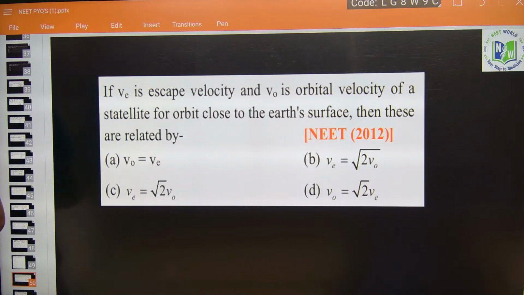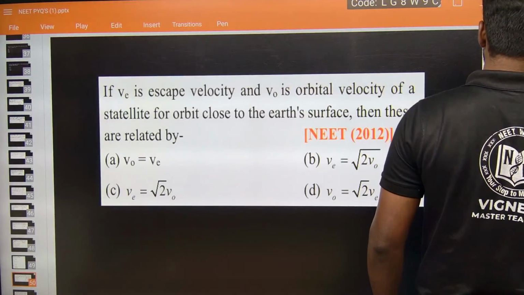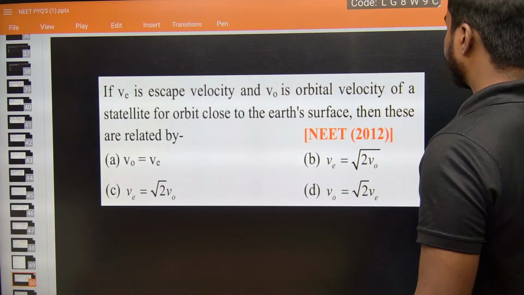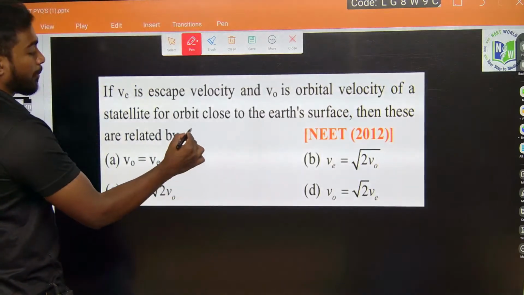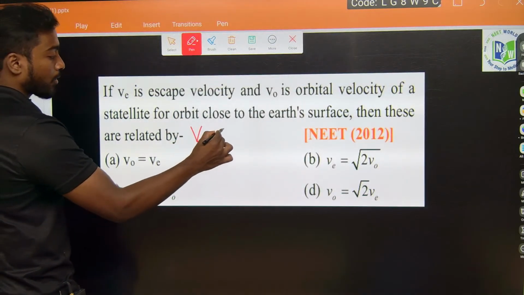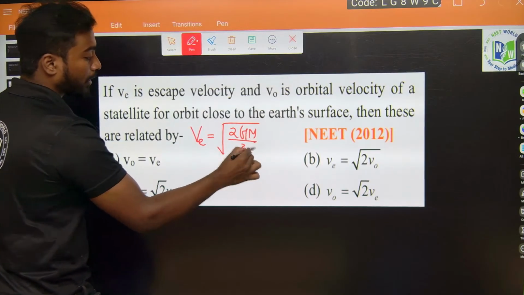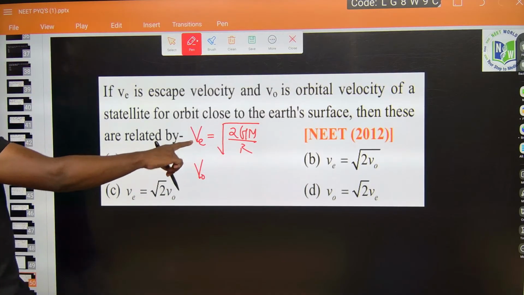First of all, escape velocity and orbital velocity. VE is equal to root over 2GM by R, so this is the escape velocity.